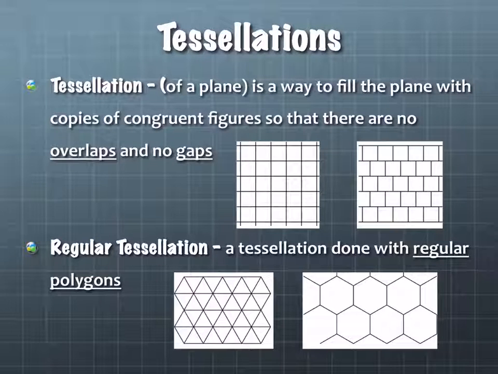You had an equilateral triangle, and you had a hexagon. These were the equiangular, equilateral figures you had up here. You had some others as well, and it doesn't mean you can't use other shapes to tessellate. They just work a little bit differently. So the first ones we're going to talk about are regular polygons.